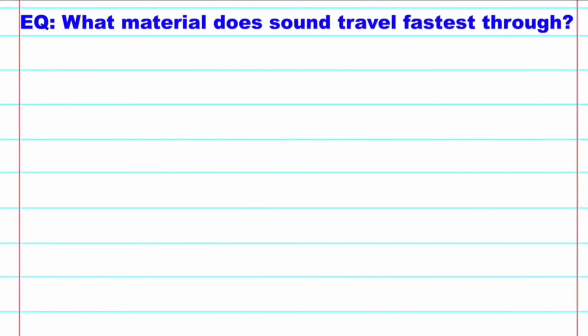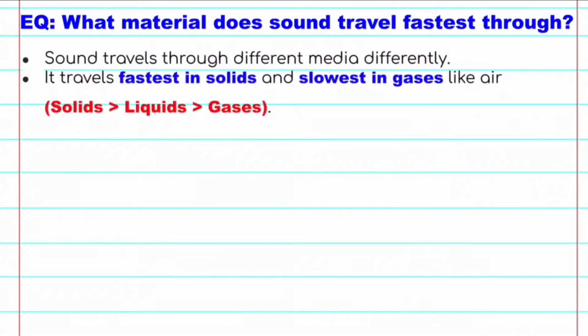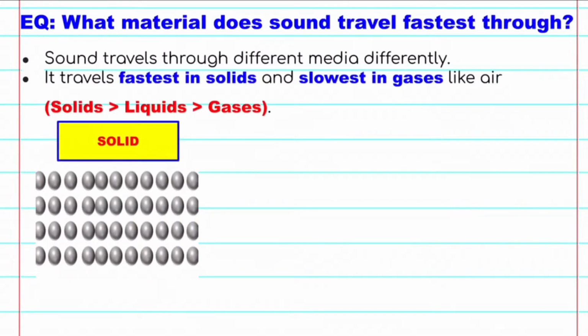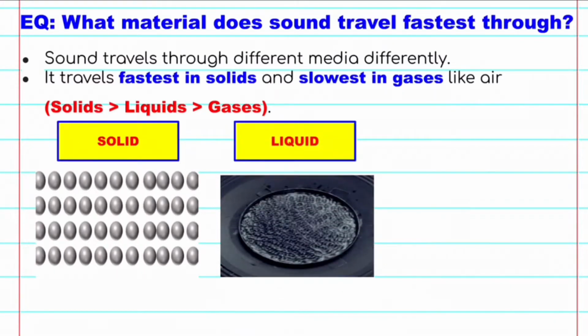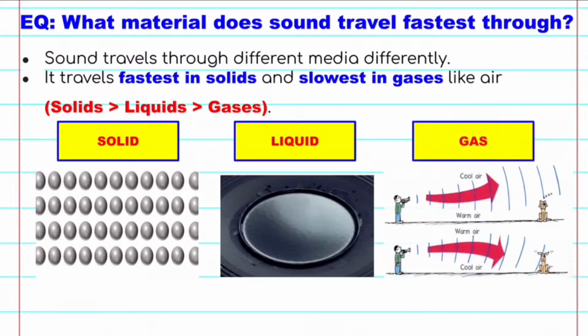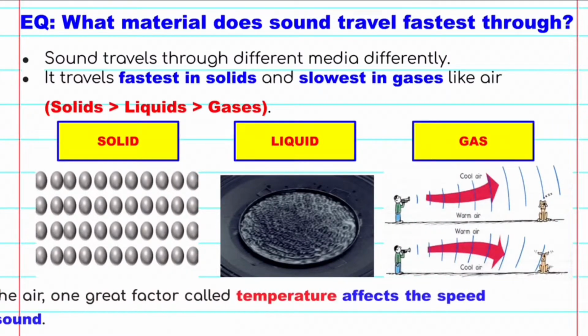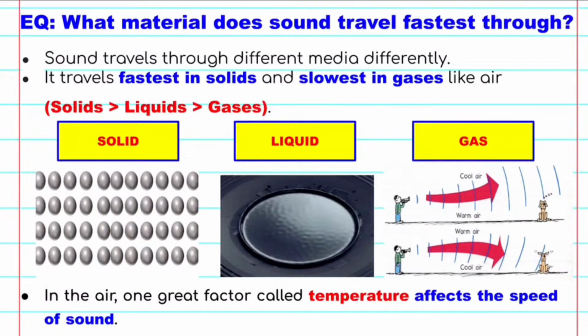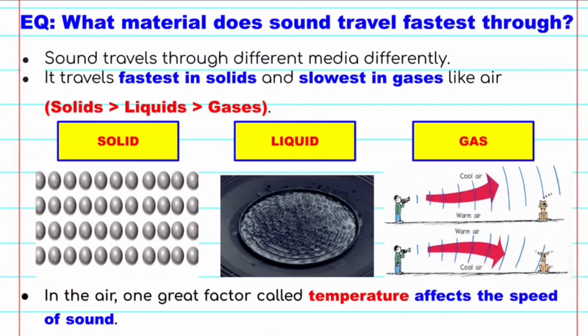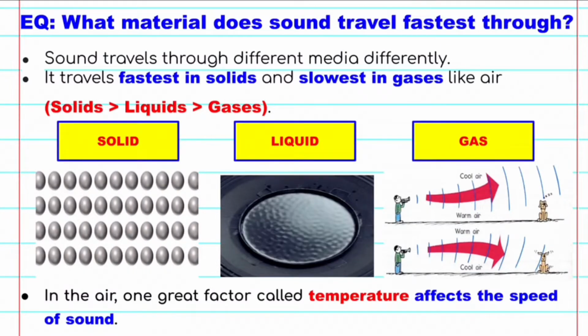What material does sound travel fastest through? Sound travels through different media differently. It travels fastest in solids and slowest in gases. This is because the molecules in solids are very near to each other, compared to liquids and gases. In the air, one great factor called temperature affects the speed of sound.